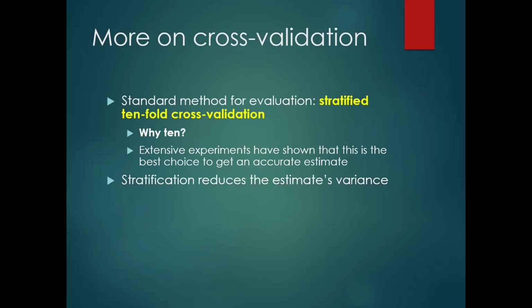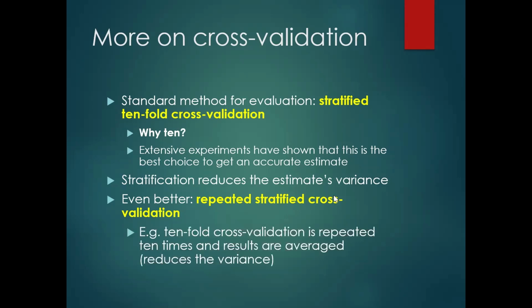That's what we call stratification. And if you want to go one step further, you can have repeated stratified cross-validation. It means you can perform 10-fold cross-validation 10 times, right? So that's what I want to focus on here.